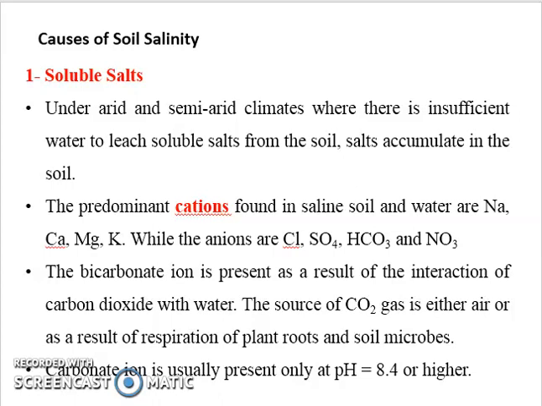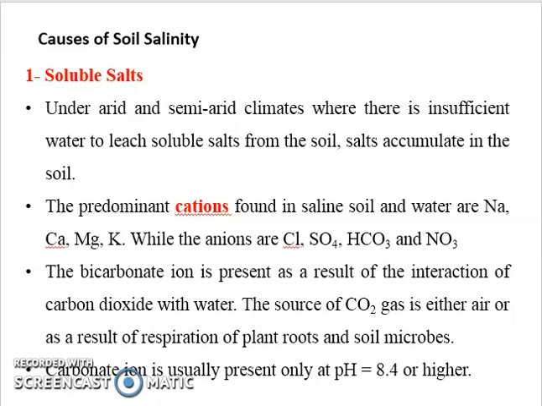The dominant cations found in saline soil and water are sodium, calcium, magnesium, and potassium, while the anions are chloride, sulfate, hydrogen carbonate, carbonate, and sometimes nitrate.